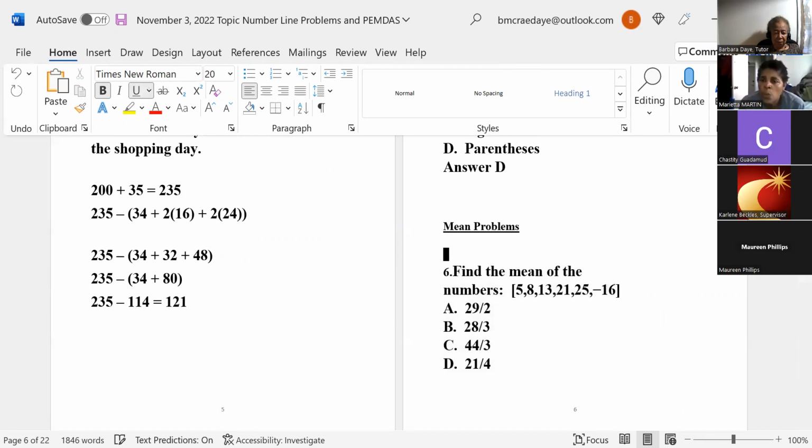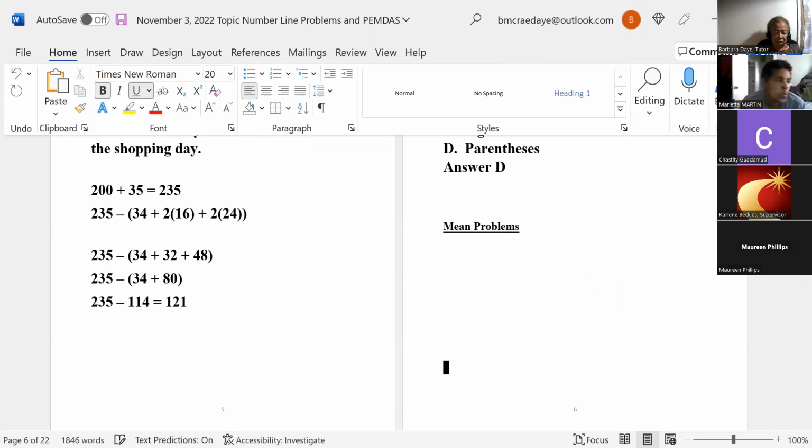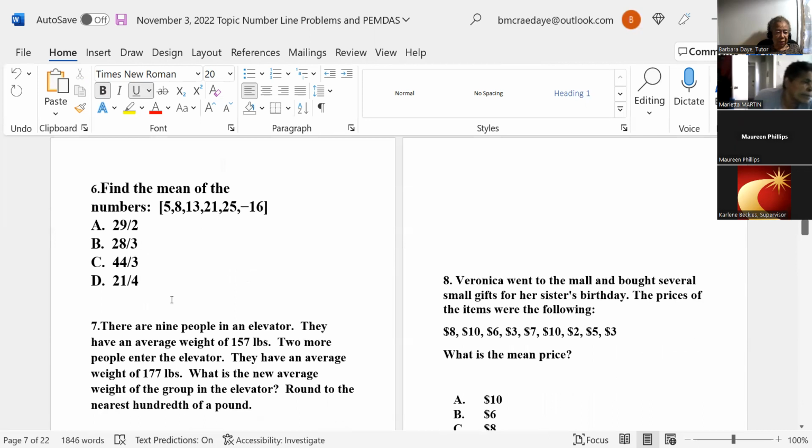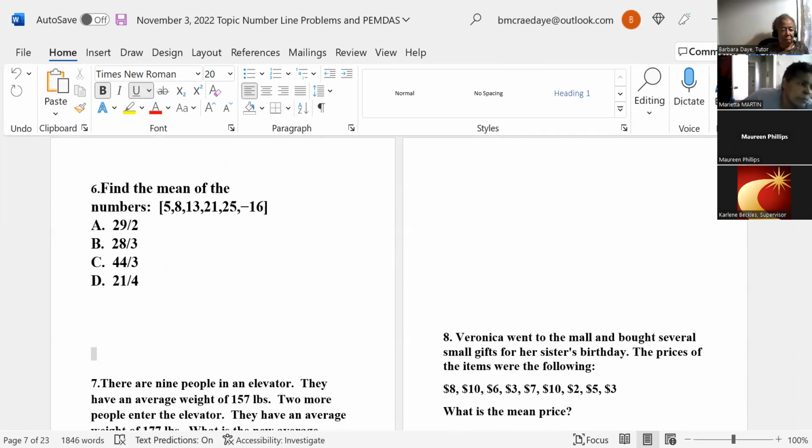Let me put that on the other page. Okay. Marietta, how would you find the mean of these numbers? What would you do? I add it. Okay, you add what? I add the 5, the 8, the 13, the 21, and the 25.